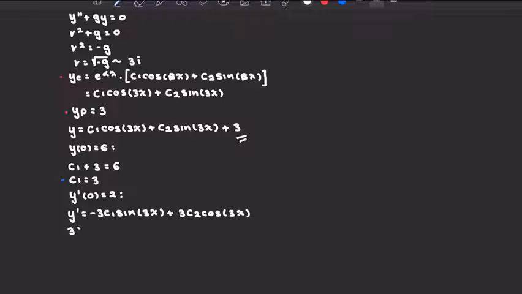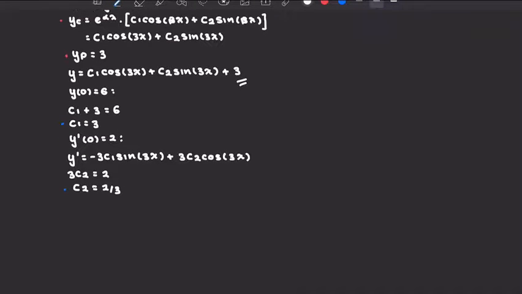So 3 C2 equals 2, which makes C2 equal to 2 over 3. So we've got our C1 and C2, and let's plug them into our general solution, and that will be our final solution for this superposition principle first example.